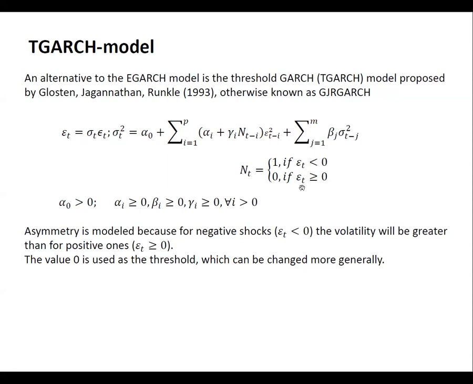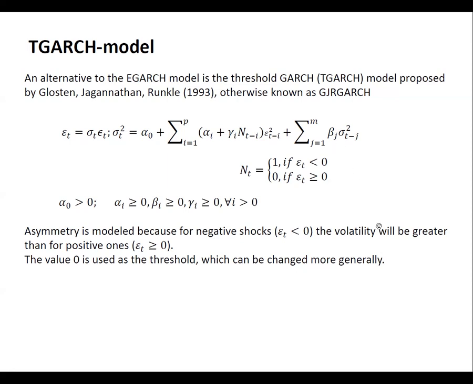Well, it is clear that all this is multiplied by epsilon squared, plus the autoregression coefficient from the variance itself, which remains unchanged and is taken the same as for the GARCH model.